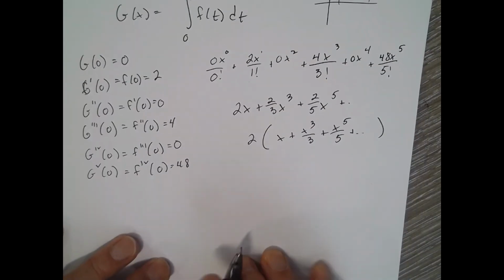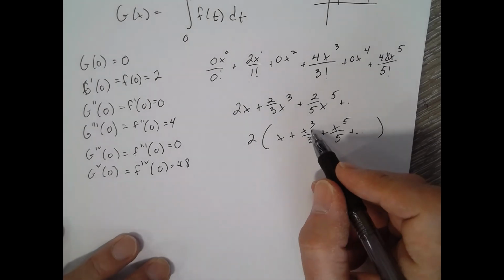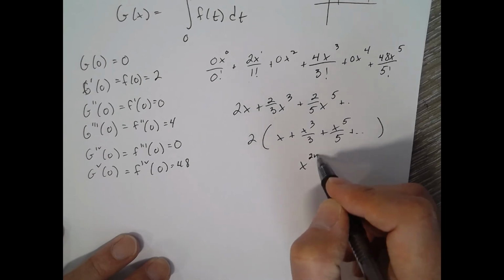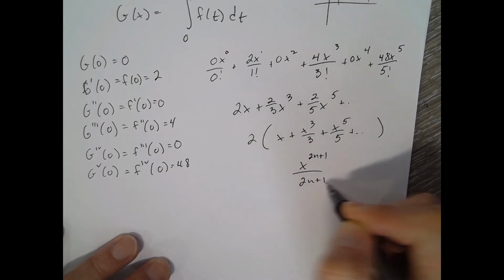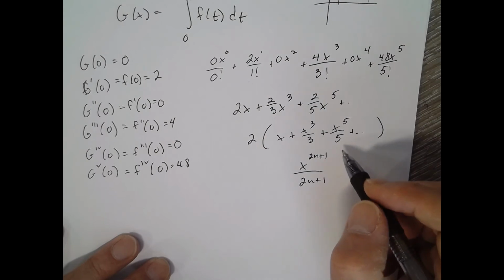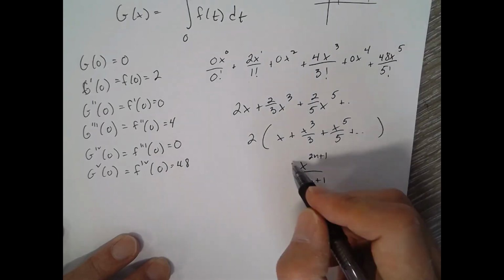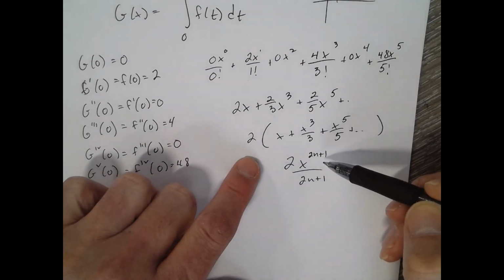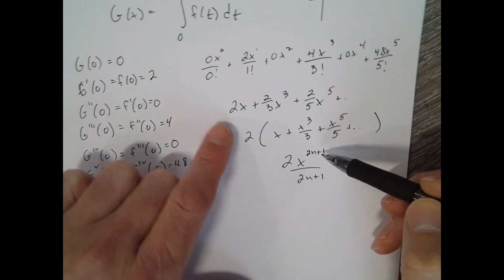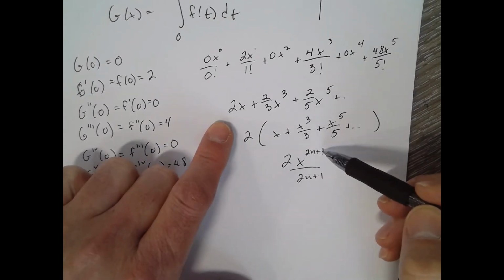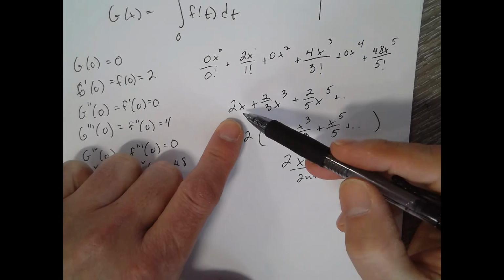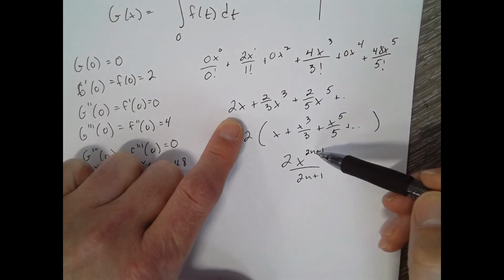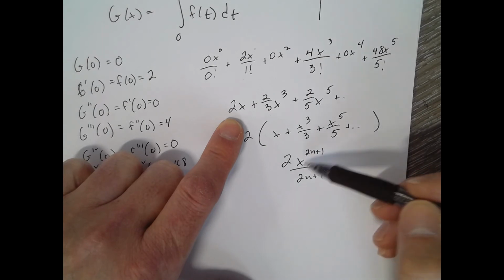So this would be x to the 2n plus 1 over 2n plus 1, and then still have the 2, so it'd be 2 times that. Let's see if that works out. If I plug in 0 for n, I get 2x to the 1 over 1, so I get 2x. If I plug in 1 for n, I get 2x cubed over 3.